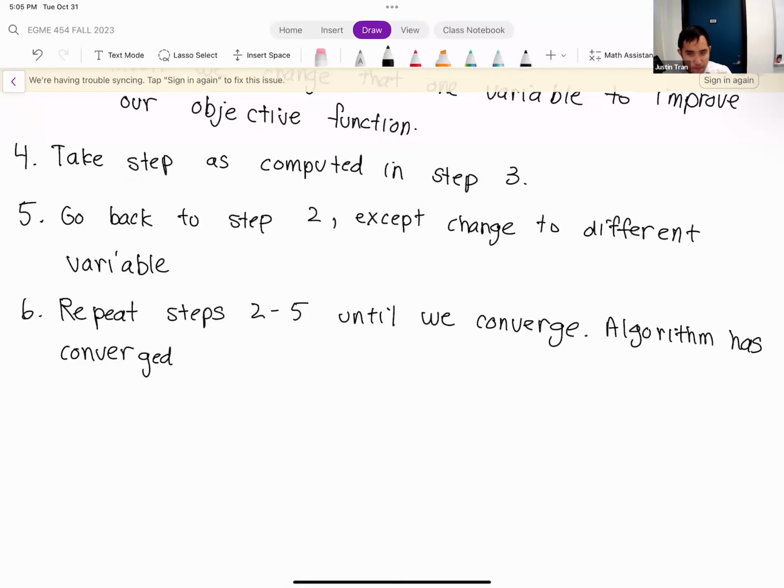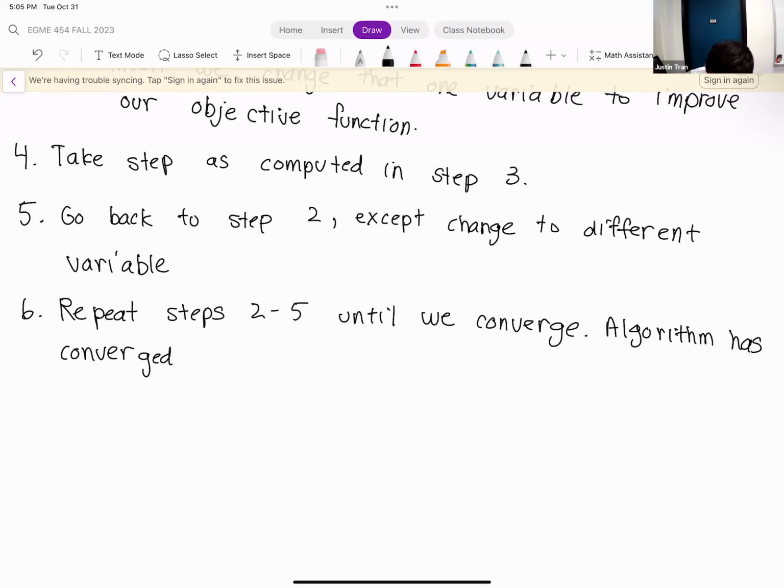So the algorithm has converged when, let's say that we're in step 3 of this algorithm and we're computing the step length, right? If the step length that we compute is 0 or almost 0, that basically tells us that if we take a step in this direction, we shouldn't step any further because that's not going to lead to improvement. Okay?